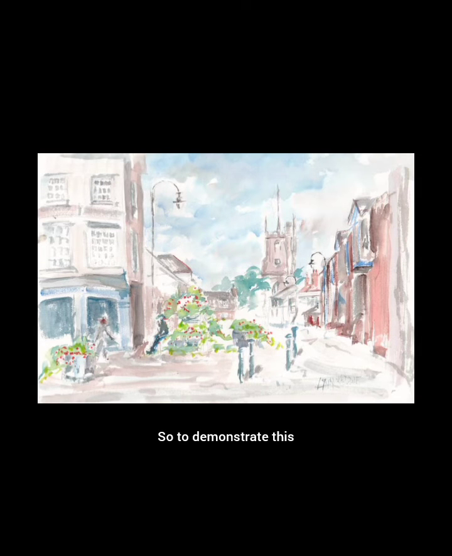So to demonstrate this, I've dug out a painting that I did over 10 years ago. It's in watercolour, but this is a photograph of it, and I think it really demonstrates how the tonal values are very weak. I was quite pleased with it at the time, but I remember my tutor saying to me, you know, you need to push some darks into that painting.